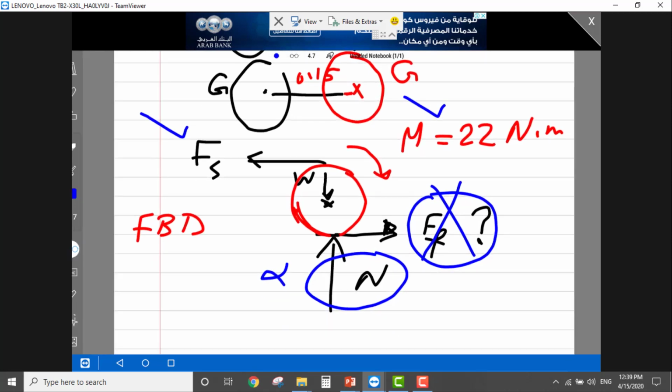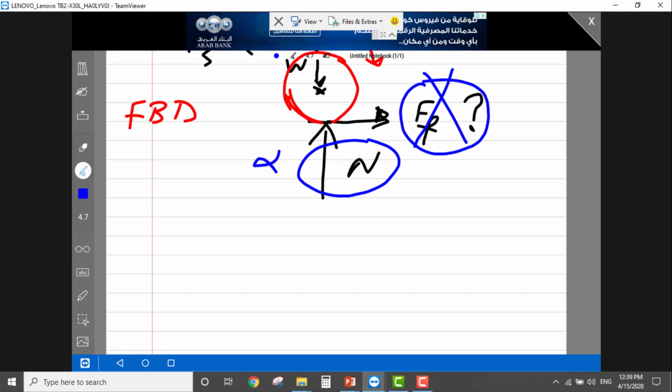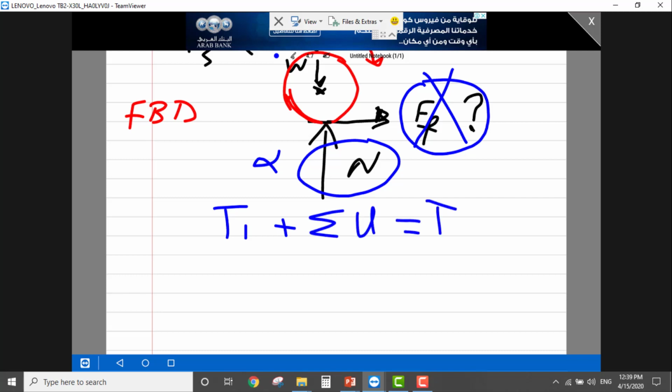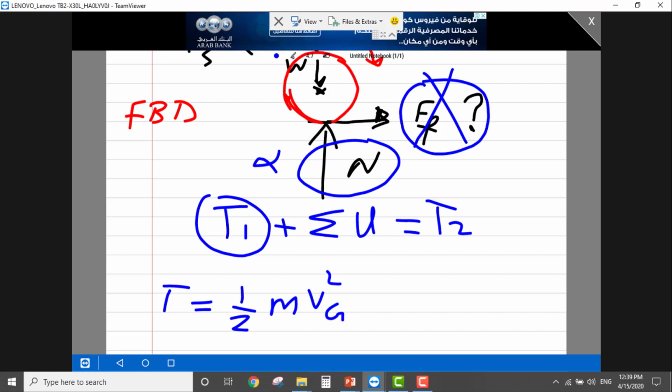Let's start substituting in the equation. We have T1 plus summation of U from 1 to 2 equals T2. T in general equals half m vg squared plus half Ig omega squared.